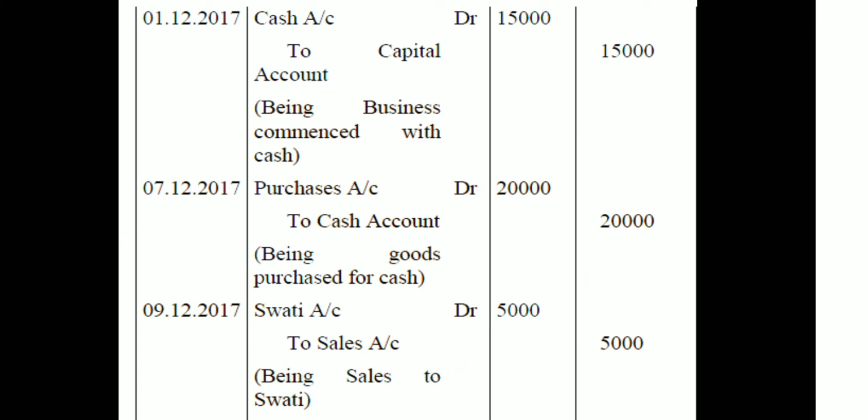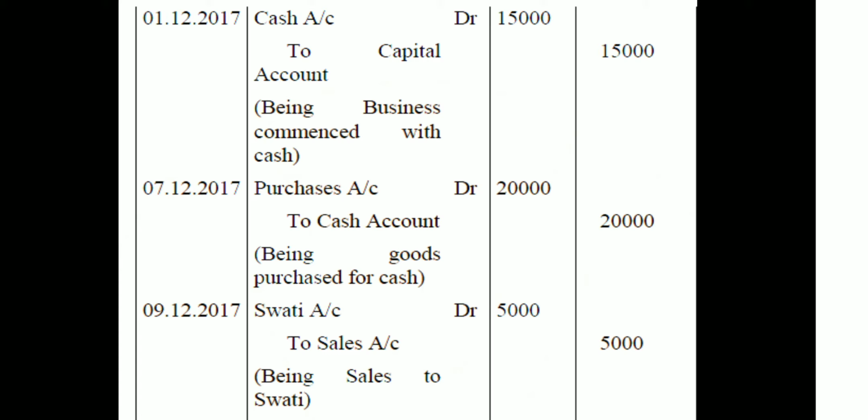So purchase account debit. We can say goods account debit, but the goods that are purchased are called purchase. Purchase account debit, and what goes? Money goes, cash goes. What goes is credited. Purchase account debit to cash account. In the narration you can write being goods purchased for cash.